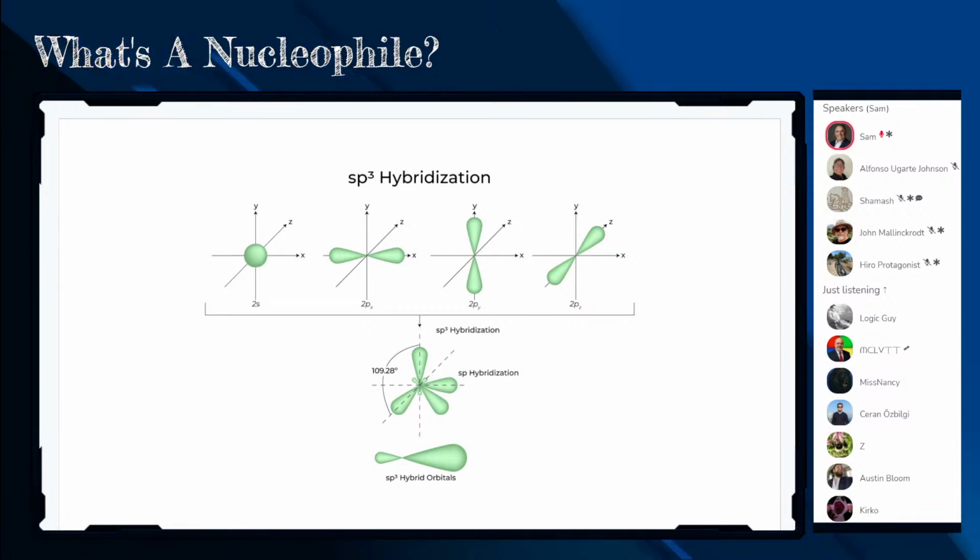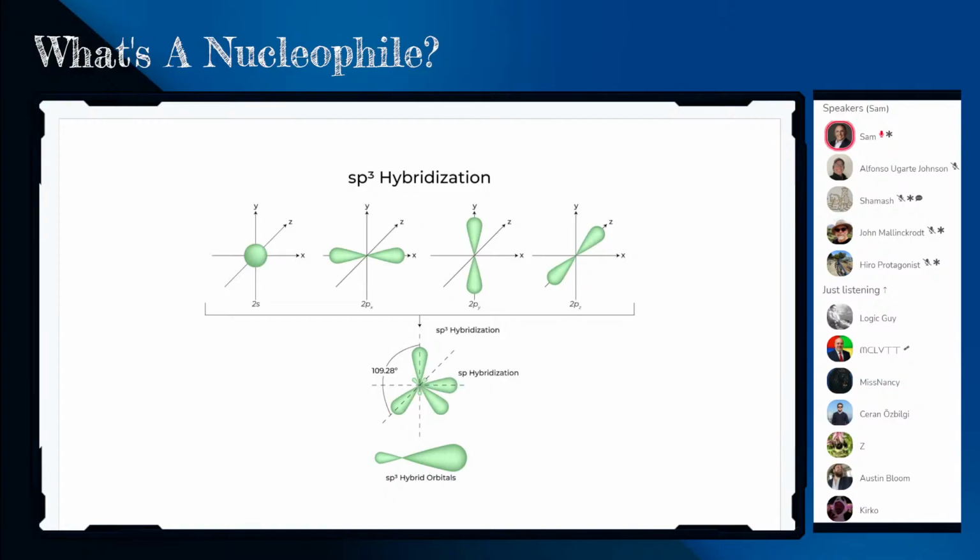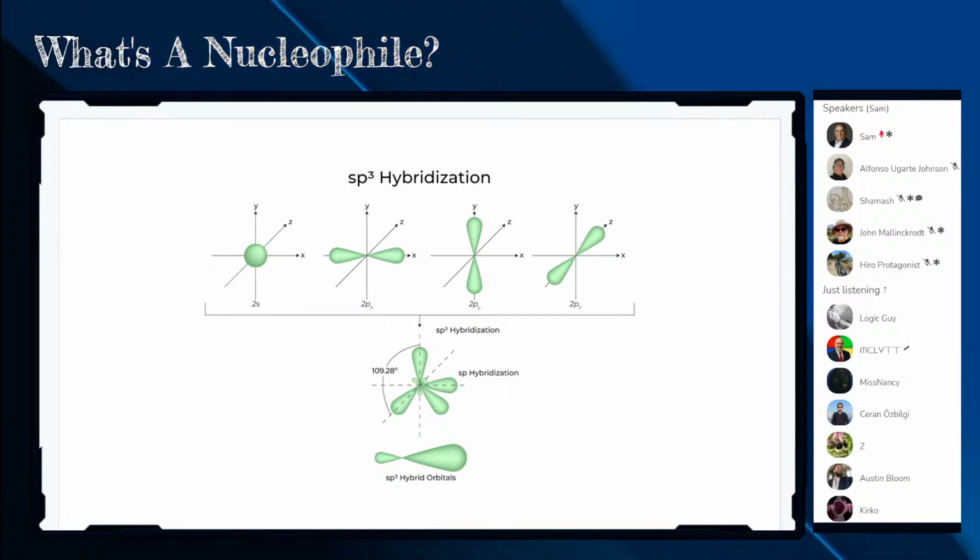Electrostatically, the partial negative of molecule 1 will be attracted to the partial positive of molecule 2. So molecule 1, who's going after the positive of molecule 2, is a molecule that likes positive charge.